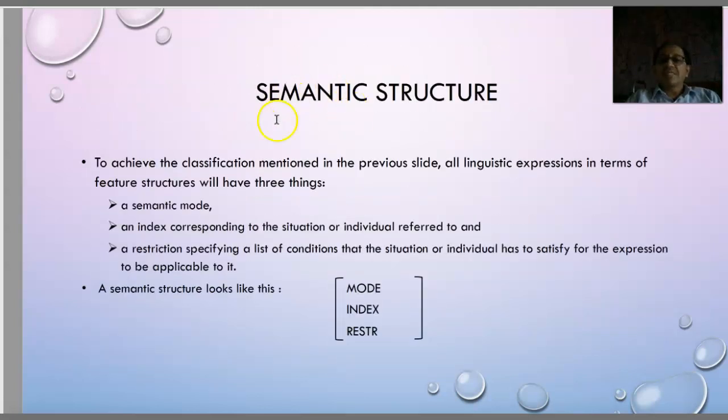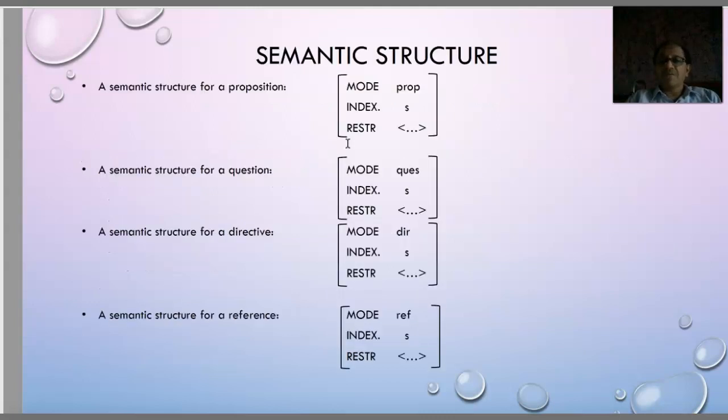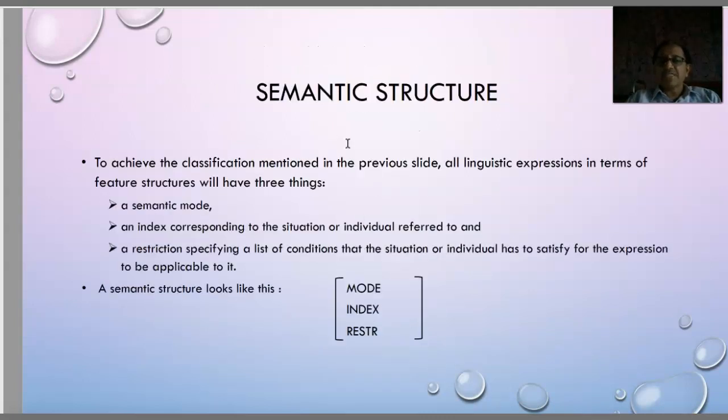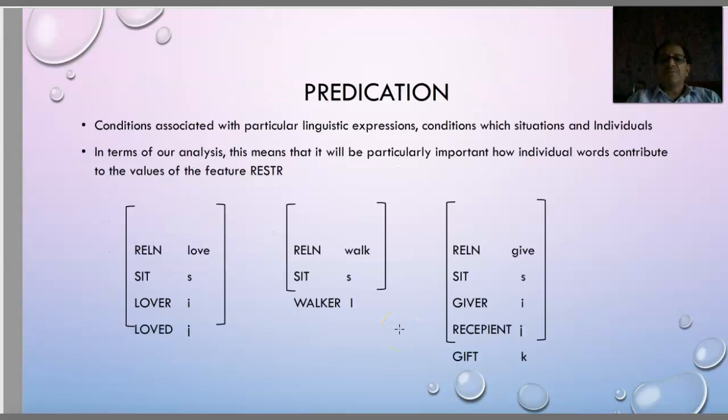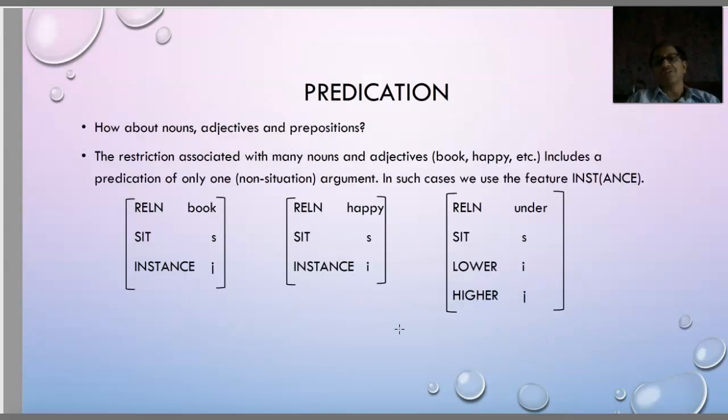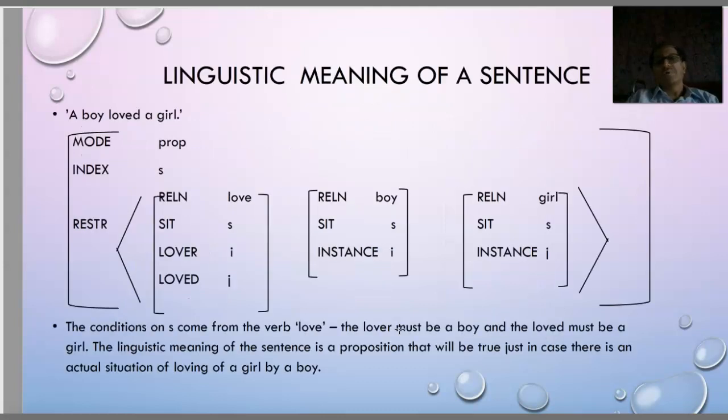So semantic structure is formulated based on those. The semantic structure of a word, phrase, or sentence consists of three features: mode, index, and restrictions. Mode refers to the value, either proposition, question, directive, or reference.